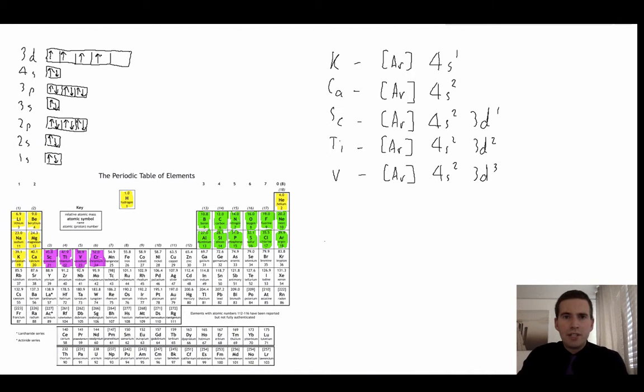Now with the 3d subshell, it is very close in energy to the 4s, much closer than between any of the other subshells. So that means it does not take too much energy to promote one of the 4s electrons into the 3d subshell.